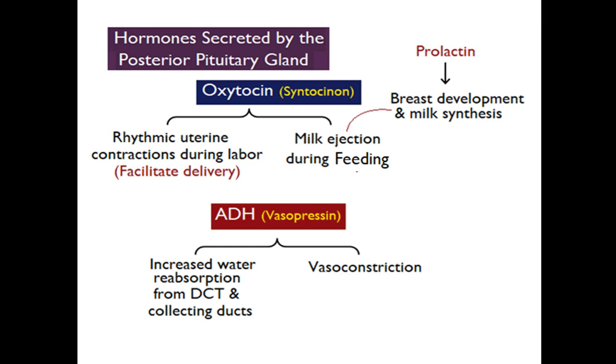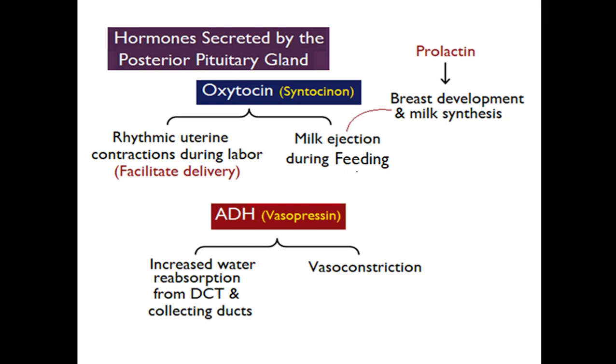And then with oxytocin, it causes ejection of milk to be available to the feeding baby. The most important is the antidiuretic hormone. Since oxytocin is needed only at specific times, its clinical importance is comparatively less.